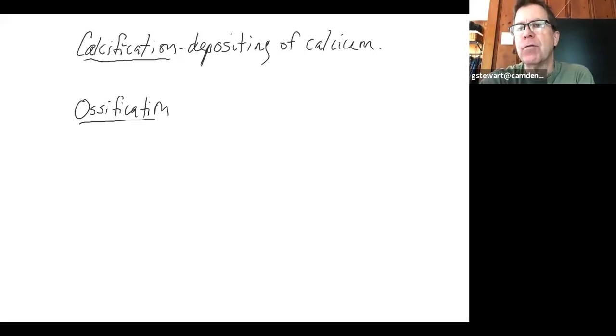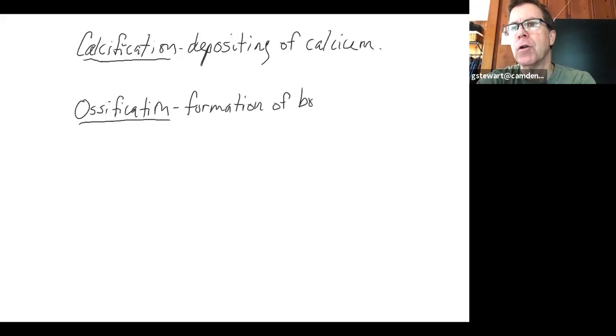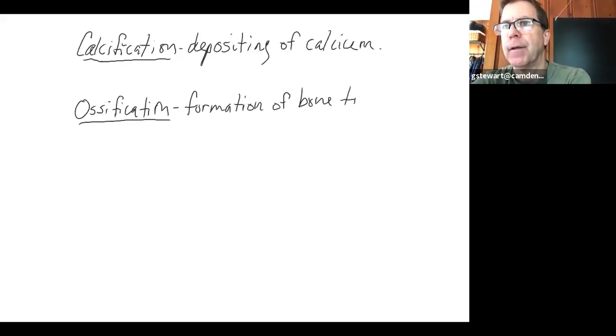Ossification literally means the formation of bone tissue. These two terms are closely related, but they're not identical, okay?